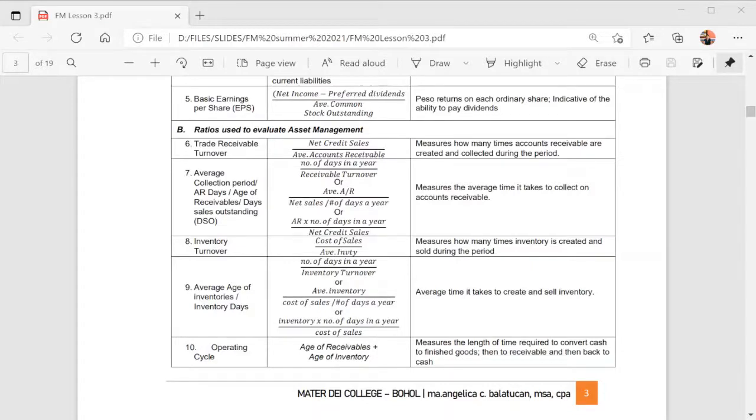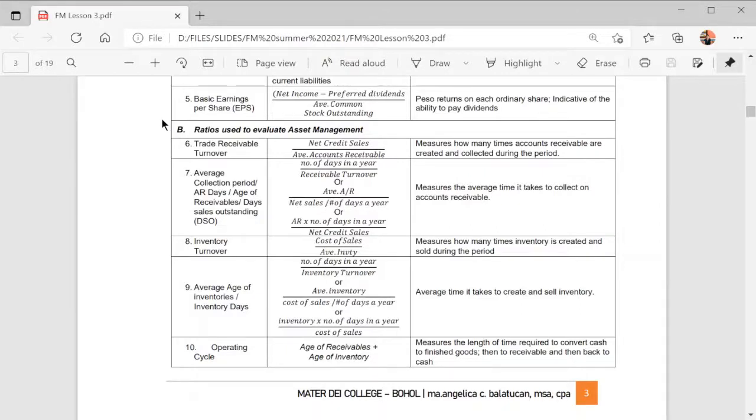If no number of days is given, which number is usually used? Based on what I have observed, if it is foreign books, they use 365 days. They presume a whole year, perfect attendance.